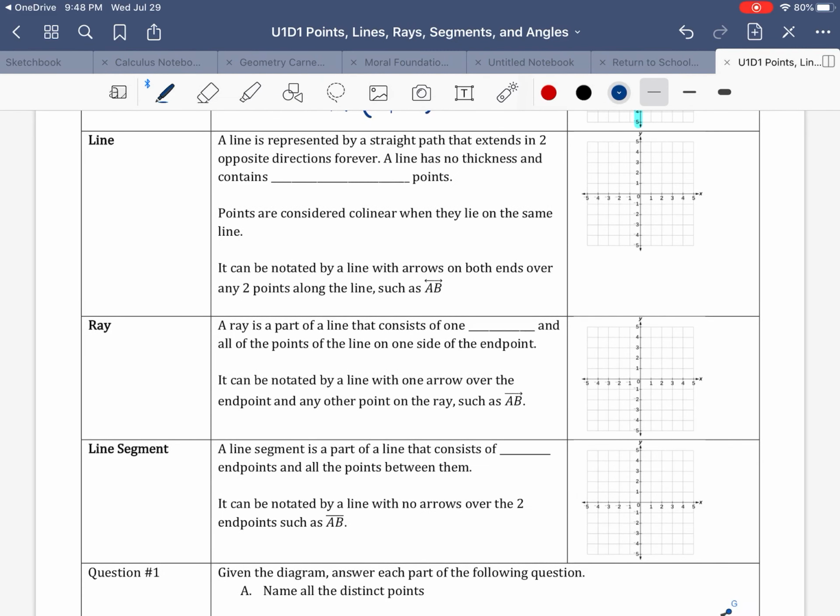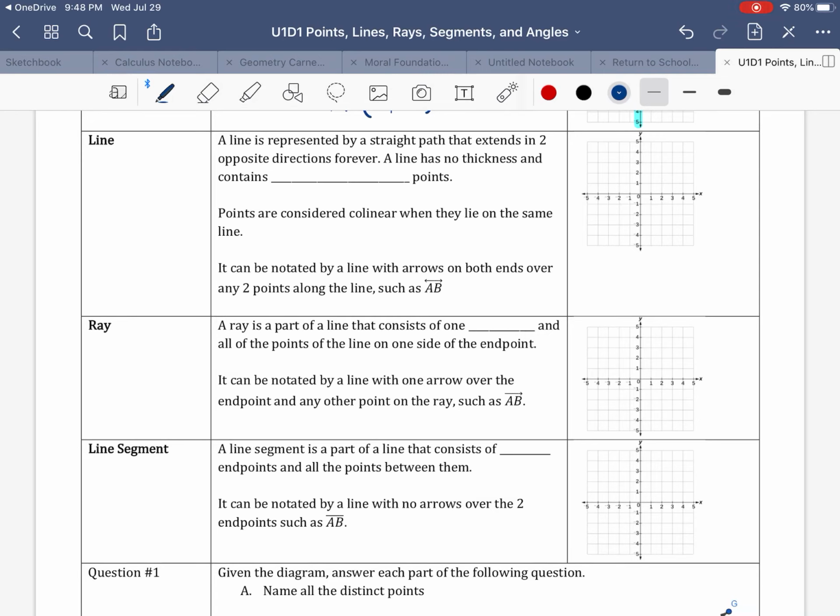When we talk about a line, it is represented by a straight path that extends in 2 opposite directions forever. All right, this is one of those geometry terms where you use the word line every day, but it has a very specific definition in geometry that might be different from your everyday definition.